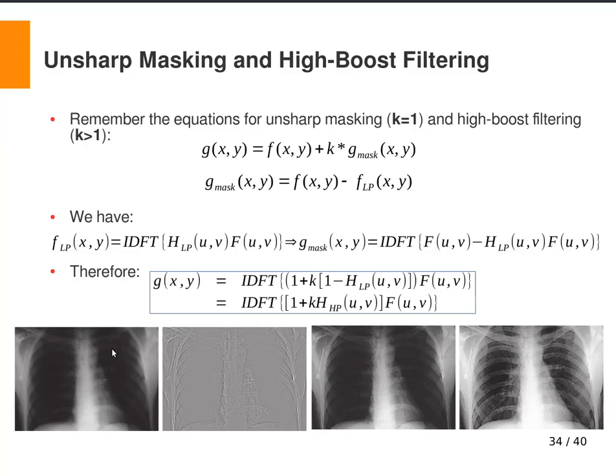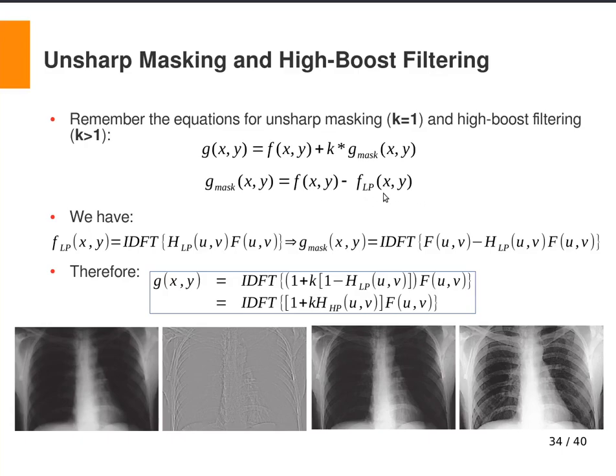If you remember from before, for unsharp masking, we created a mask from our image that was basically a subtraction of the original image and a smooth version of it. So this mask is similar to the original image, but it only contains edge and sharp transition information of the image.